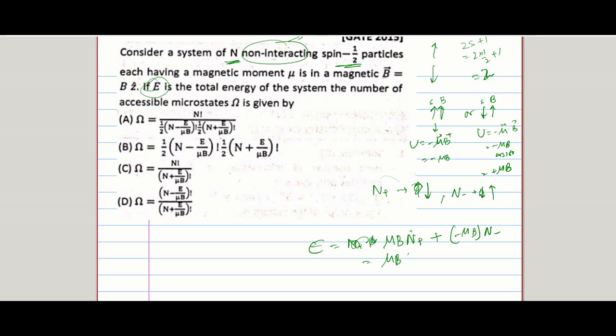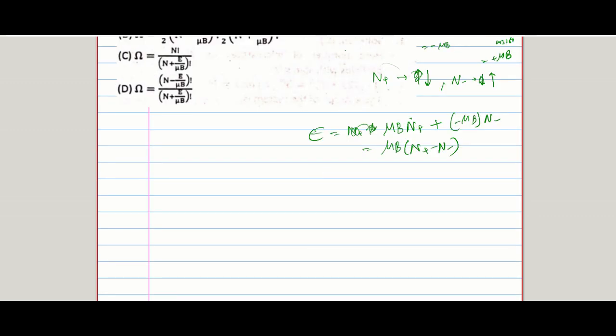So E equals mu B times N plus minus N minus, right? And obviously N should be N plus plus N minus. So using this we will get N plus is half N minus E by mu B, and N minus is half N plus E by mu B.